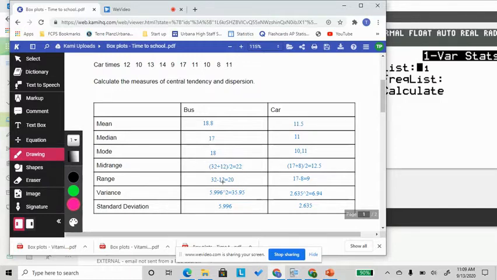The range is high minus low, and then variance is not given on your 1-Var Stats. So what I did is I found the standard deviation, and I'm using the sample one because this is a sample of times it takes to get to school. That's not all the times it took everyone to get to school. So that's a sample. I took my sample standard deviation and squared it in both of the sets. So there are my 1-Var Stats.